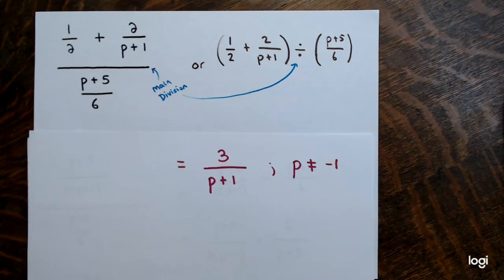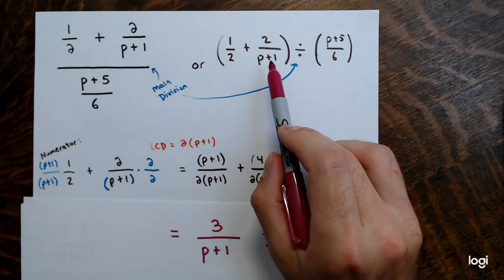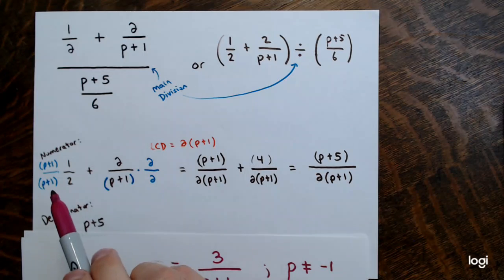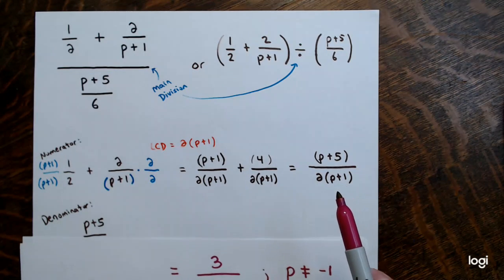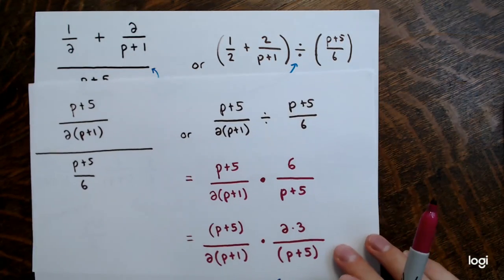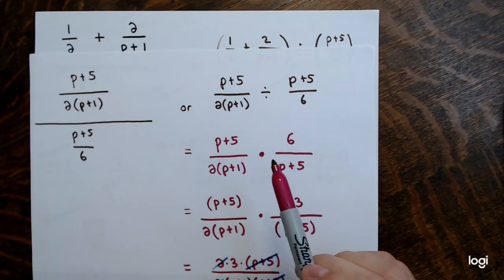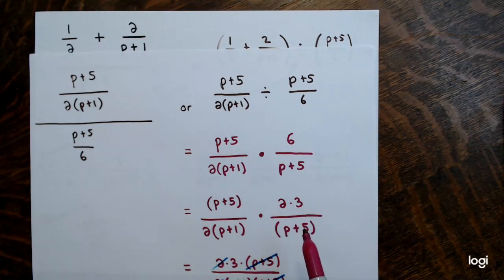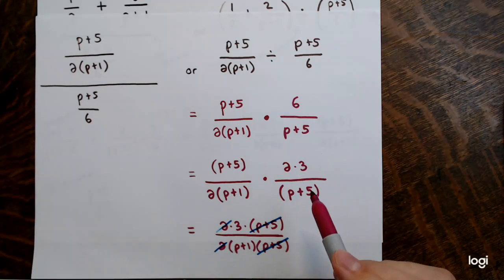All right, so keep looking through. I still have p plus 1 in the denominator here, p plus 1 in the denominator, p plus 1, working through this problem now. Look, after this part, when I changed from division to multiplication by the reciprocal, now I'm seeing a factor of p plus 5 showing up in denominators.